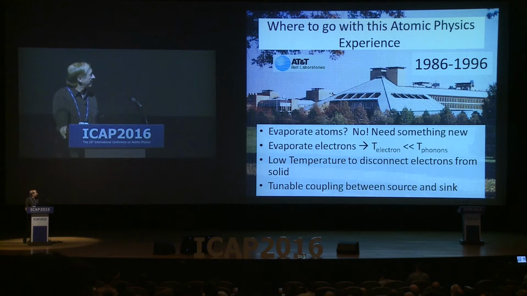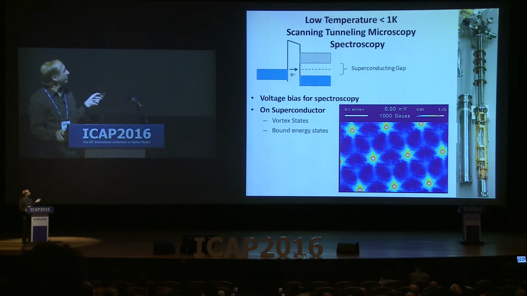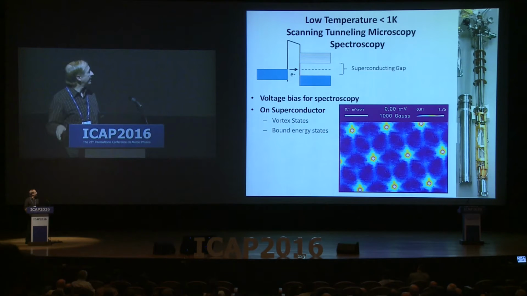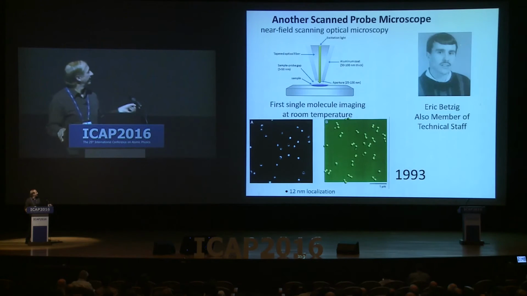And I decided, well, I need to have a system where I could have tunable coupling between a source and a sink. For better or worse, I never really performed that particular experiment, but found myself going down a path where I developed a low-temperature scanning tunneling microscope that could also do spectroscopy at the same time. I put superconductors on it and was able to image vortex states and bound states. So this was a lot of fun.